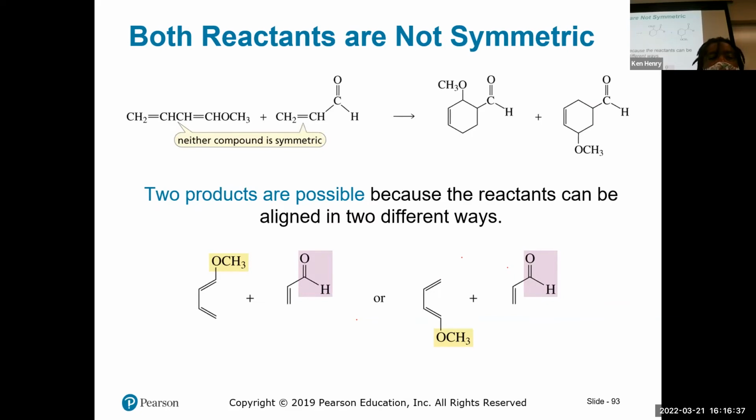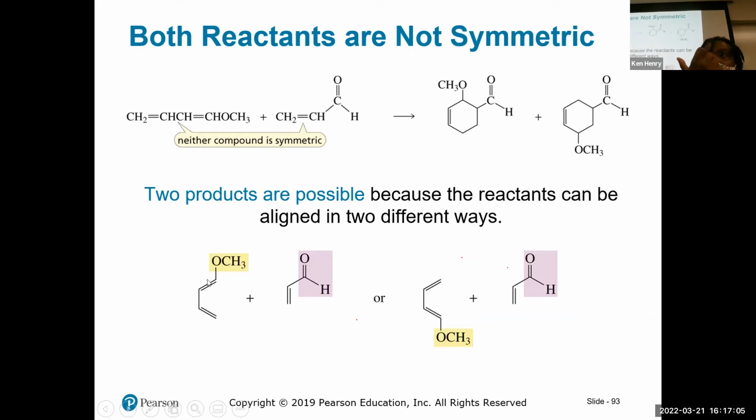So in the case where we have reactions that are no longer symmetrical, earlier we had those nice, beautiful products with the beautiful diene, whereas here we have something located at the end of our conjugated diene, right?